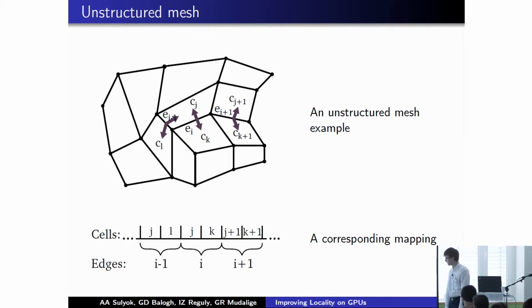These codes are usually memory bound, so the main performance bottleneck is the memory bandwidth. And we can improve the bandwidth by increasing data locality, either by increasing the spatial locality, which means that consecutive threads need to access consecutive memory locations so that the cache lines are utilized effectively, or the temporal locality, which means that the data reuse is high, so one piece of data gets reused more than once in the same thread.